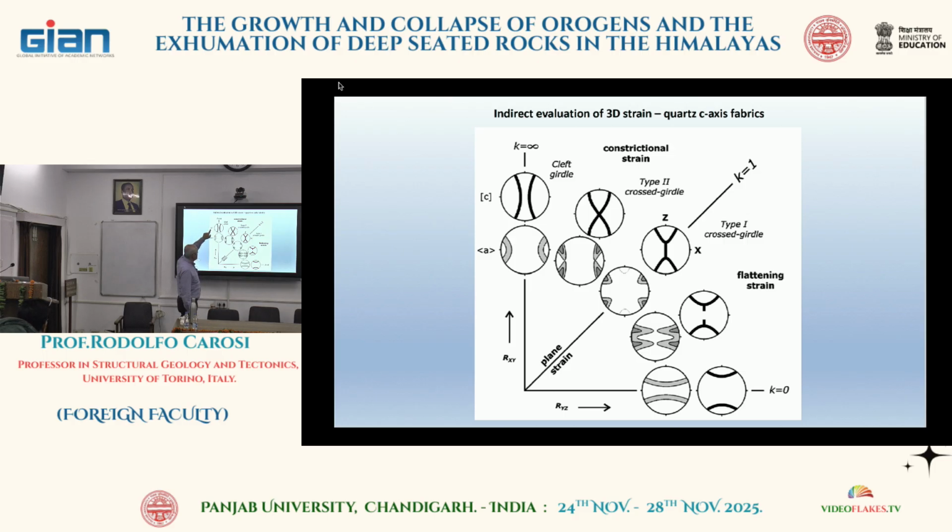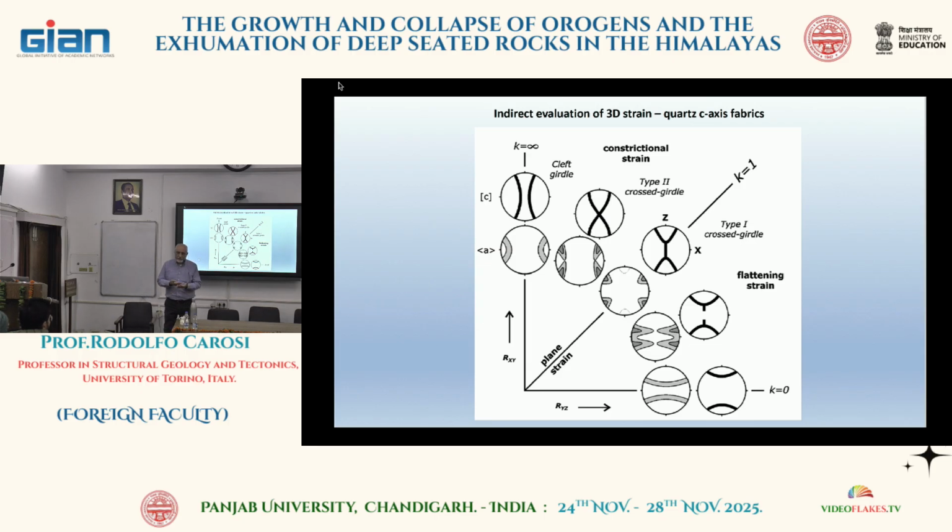This is for the C-axis of the quartz, the main axis. This is for the basal prism, another axis. This is also important because by measuring the axes, you can also have an estimation of the vorticity of the flow. But to do this manually is very long.